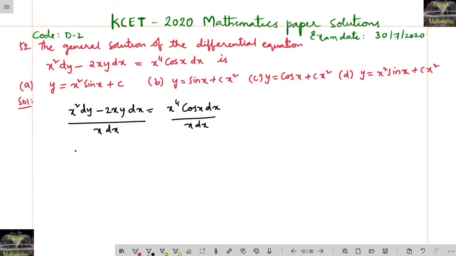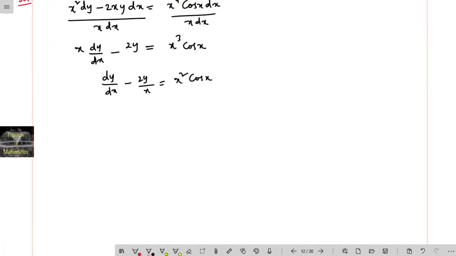We can write x dy by dx minus 2y, here dx gets cancelled, is equal to x power 3 cos x. Or else we can write dy by dx minus 2y by x is equal to x square cos x. So dy by dx plus minus 2 upon x into y is equal to x square cos x.